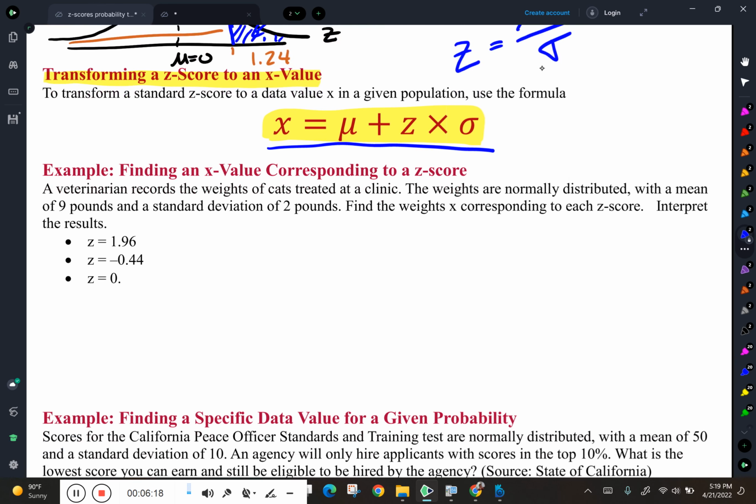So what would it mean if I had a z-score of 1.96? What does that mean for a cat? Let's turn that z-score into an x.